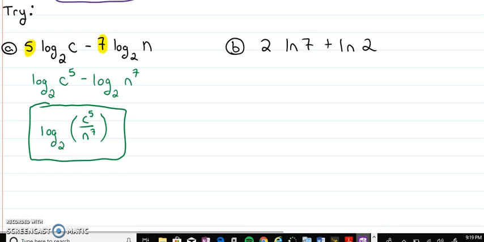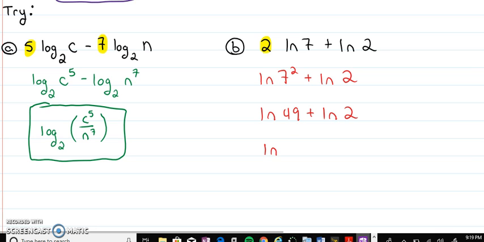For b, again, we do the exponent rule first, and when we work through that, we now have the natural log of 7 squared plus the natural log of 2. We know that 7 squared should be 49, and then because we're adding them together, we're actually going to multiply and use the product rule.